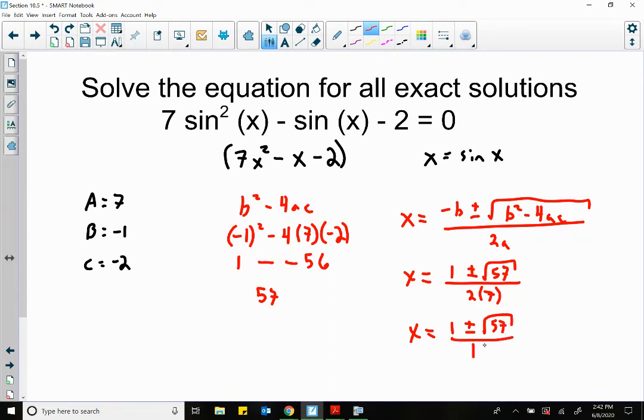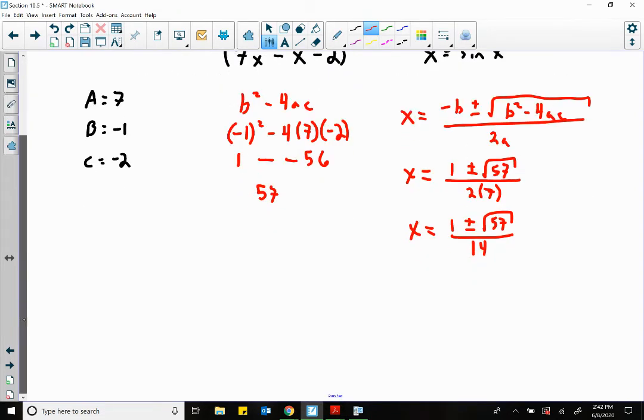all over 14. Now what we need to do is go to our calculator and let it run this information. One time where we do 1 plus the square root of 57, and we'll run it again where we do 1 minus.